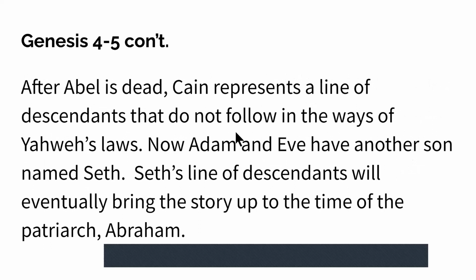So after Abel is dead, Cain represents a line of descendants that do not follow in the ways of Yahweh's laws. Now Adam and Eve have another son, and they name him Seth. Seth's line of descendants will eventually bring the story up to the time of a patriarch known as Abraham.